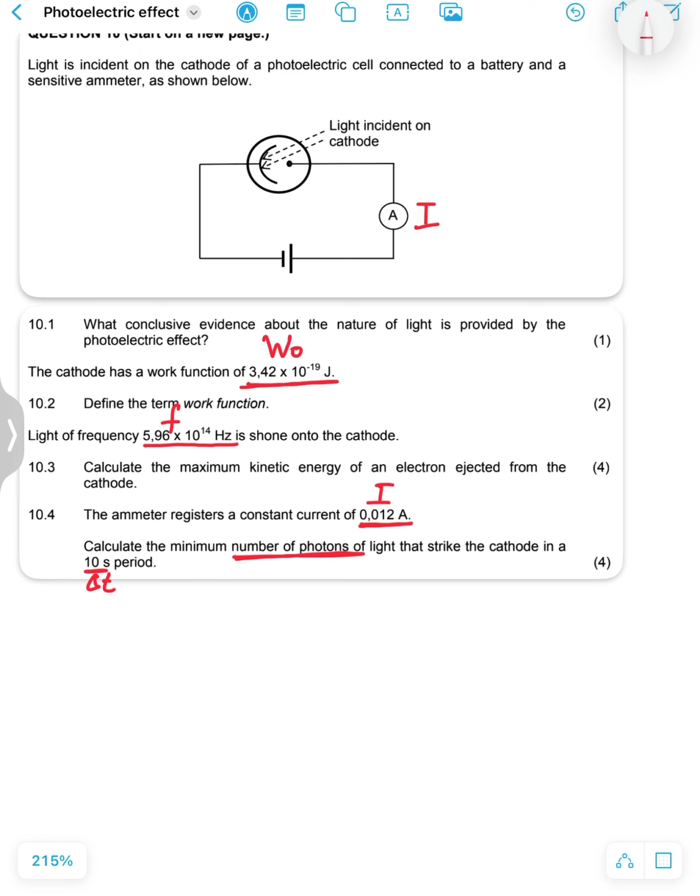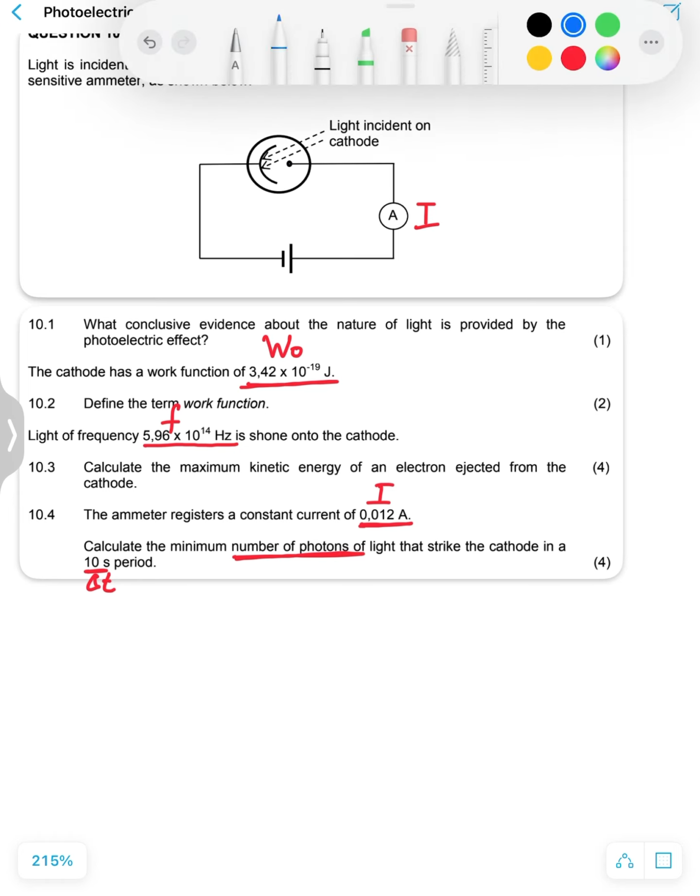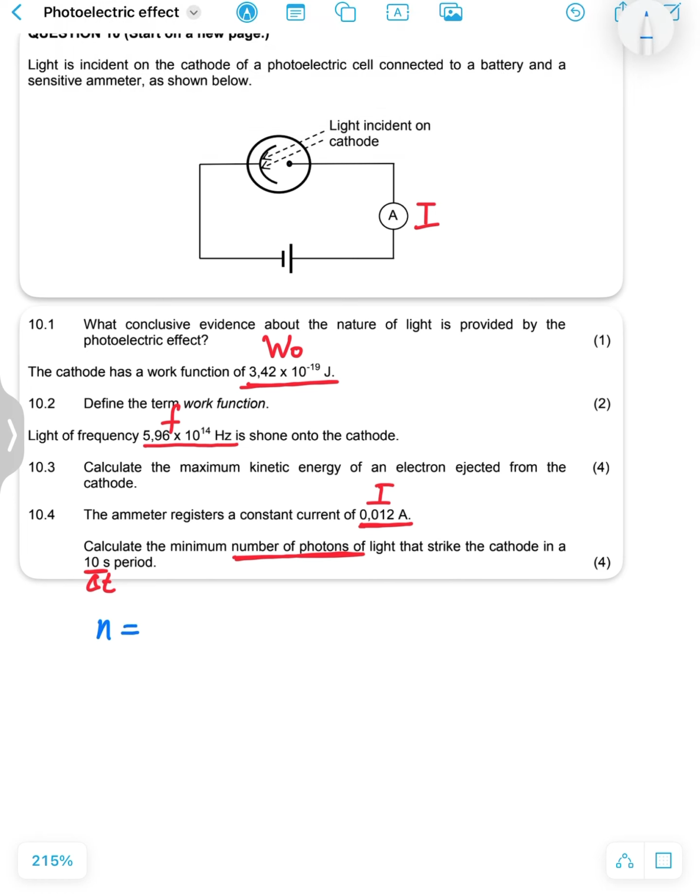So if you calculate the number of electrons, you are going to use this formula: the number of electrons is the charge on the metal surface divided by the charge of an electron.